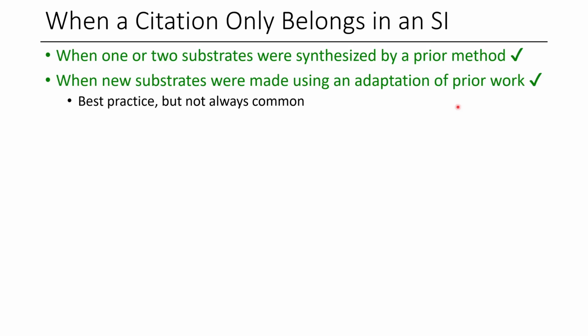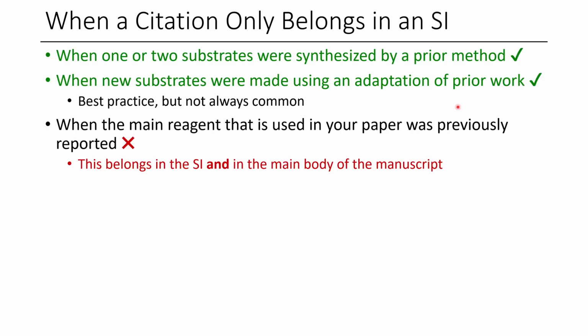And there's an issue that most publishers don't actually look at the SI and take those references or even index them anywhere. And even JACS and most of the ACS journals would be examples of this. So if, for instance, your main reagent that you're using in your paper was previously reported and it wasn't commercially available, and you don't cite it in the main part of your manuscript and you only cite it in the SI, that seems really disingenuous, because it seems like you're claiming that that reagent is your own, even if you aren't outright doing so.